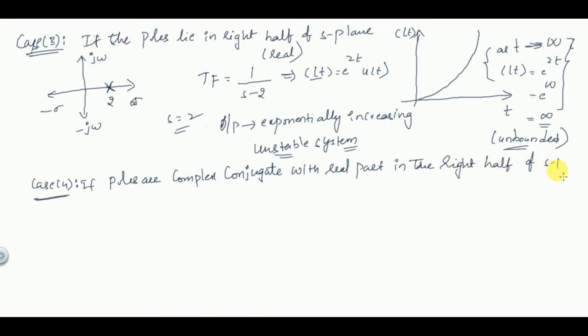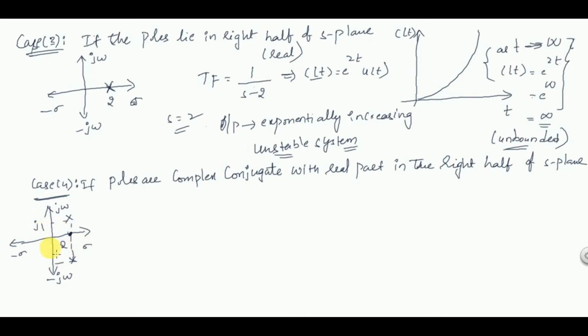That means the poles are like this. This is sigma and this is minus sigma, this is j omega and this is minus j omega. They are complex conjugate with real part in the right half of S-plane.